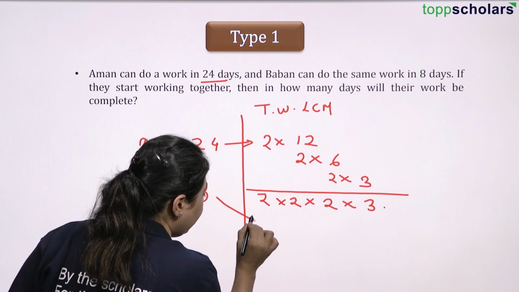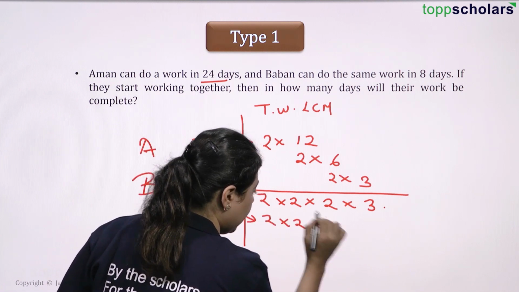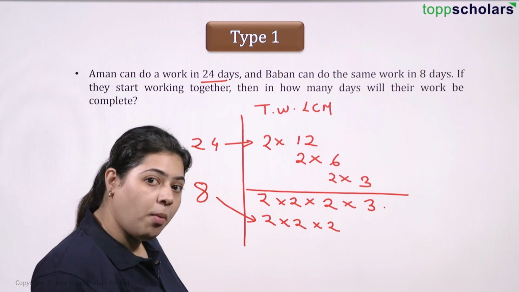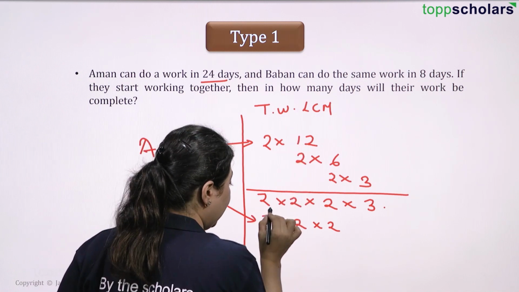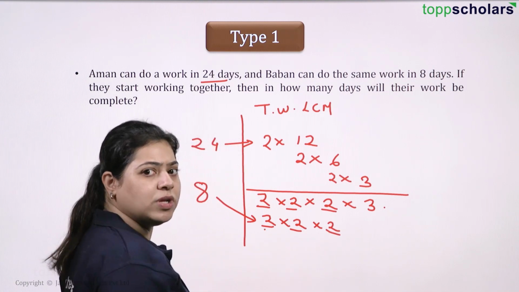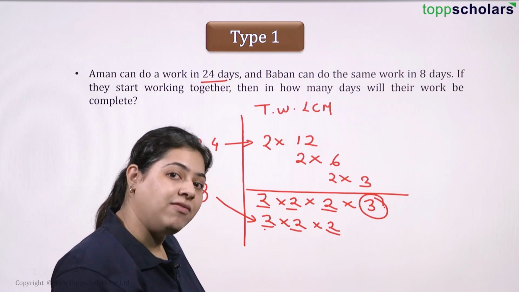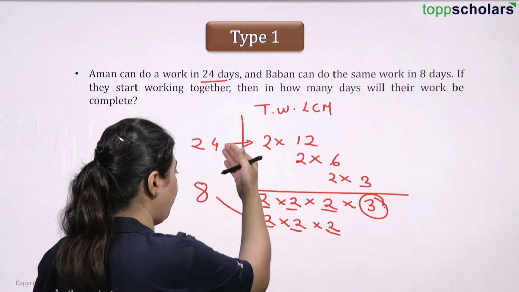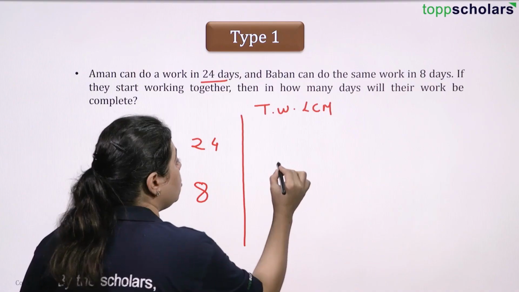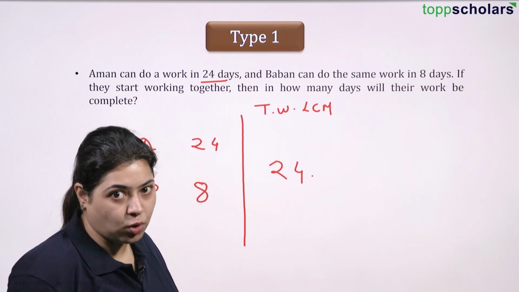And for 8, if we calculate, it is nothing but 2 into 2 into 2, correct? Now, least common multiple means we'll cancel out the same ones. So, it will be 2 into 2 into 2, which is nothing but 8 into 3. 8 into 3 is 24. So, we understand the LCM of 24 and 8 is 24. So, the total work is 24 units that needs to be done is what we understand.